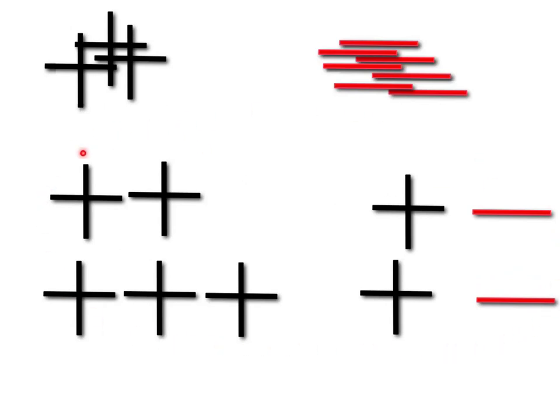I have altogether 1, 2, 3, 4, 5, 6, 7 positives, and I have 2 negatives. So the number model that we're really showing here is positive 7 plus a negative 2.